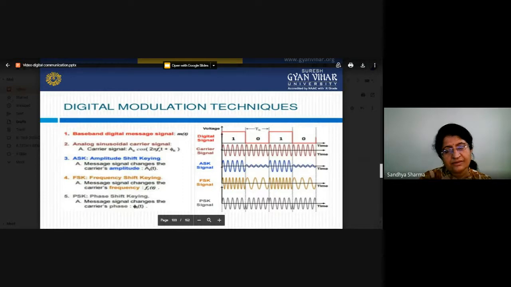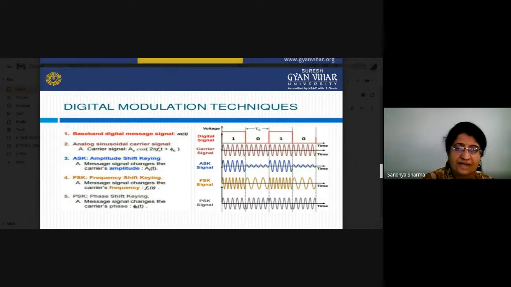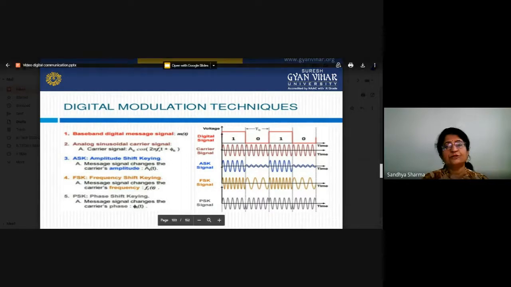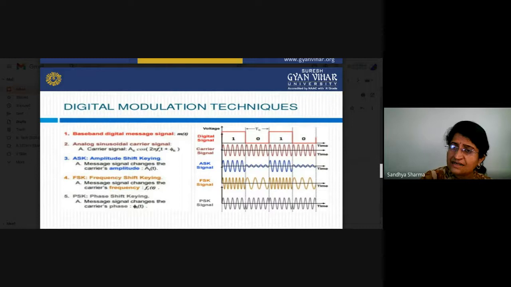Now in the third row we can see that if there is a one bit, in that duration the carrier signal will be transmitted as it is. But if there is a zero bit, the amplitude of our signal will be very low, or we can approximate it as 0 volts.